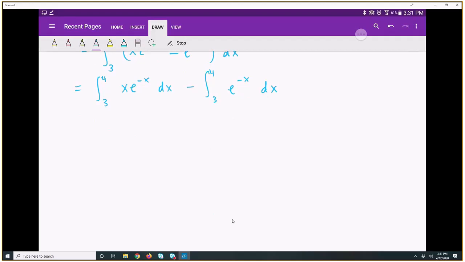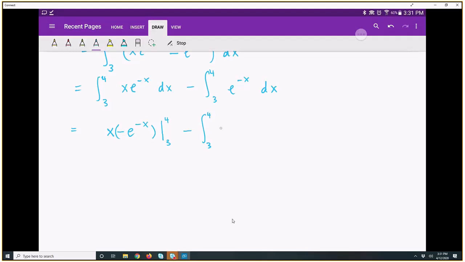So let's look at this first integral and think about the integration by parts formula. I'm going to fix x, and then I'm going to take the antiderivative of e to the minus x, which is minus e to the minus x. All of that I'll evaluate between 3 and 4. Then I'll subtract integration between 3 and 4.